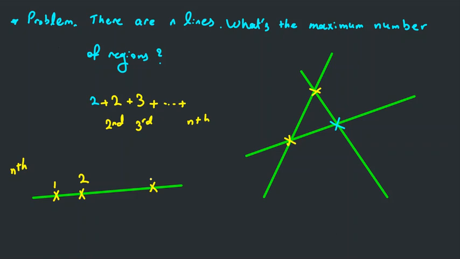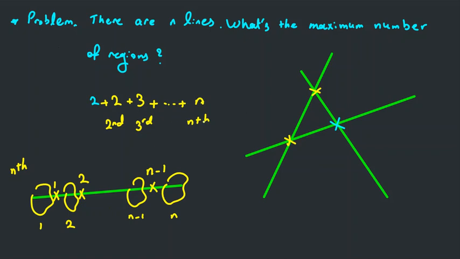How many intersections are there at most? It will be n minus 1 at most. So it passes through how many regions? Region 1, region 2, region n minus 1, and region n. So the effect of the nth line is n.